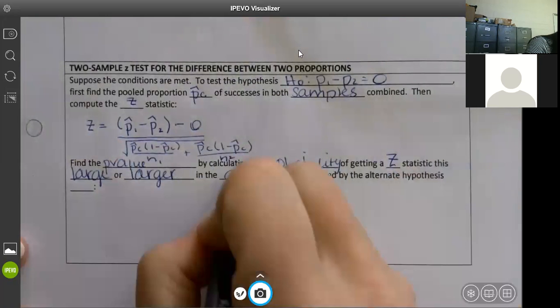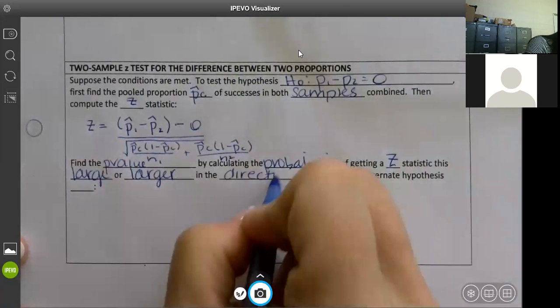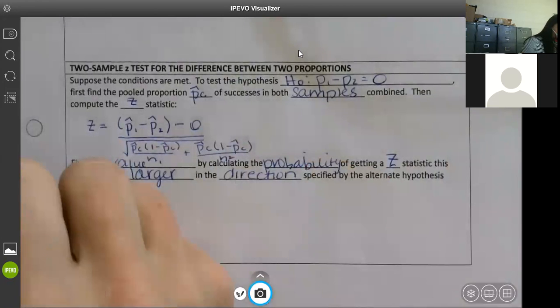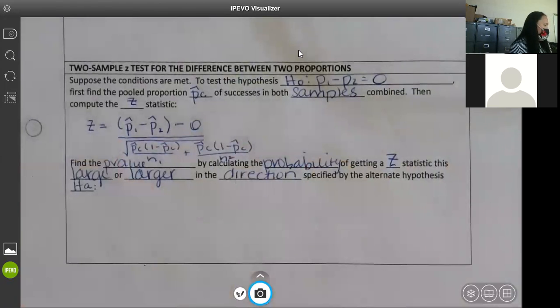In the direction specified by the alternate hypothesis H sub A. And then how do we find p-values?